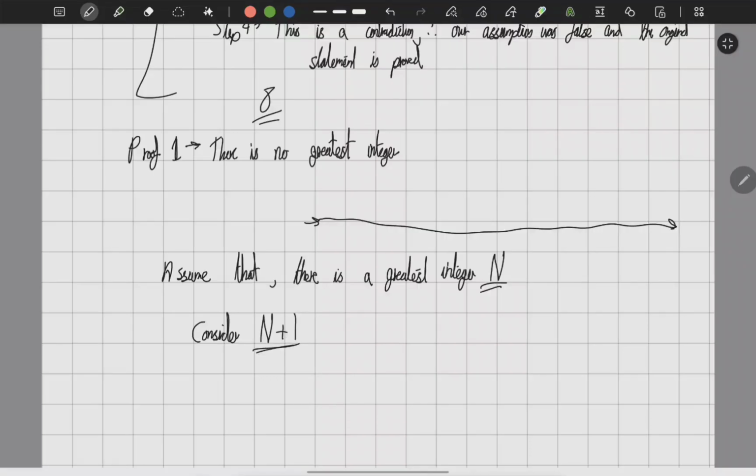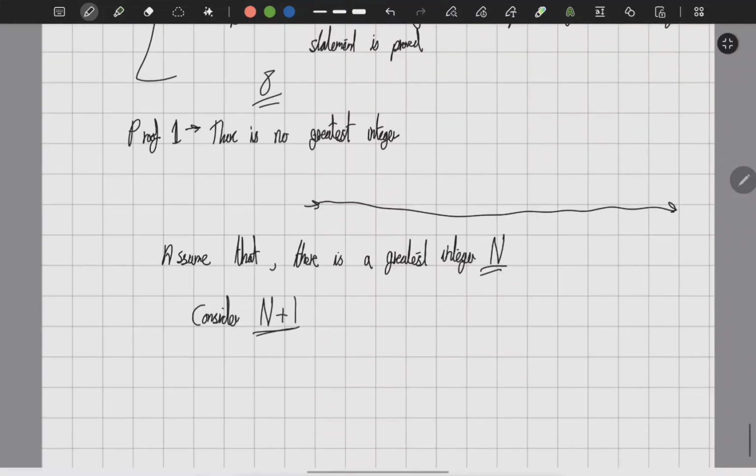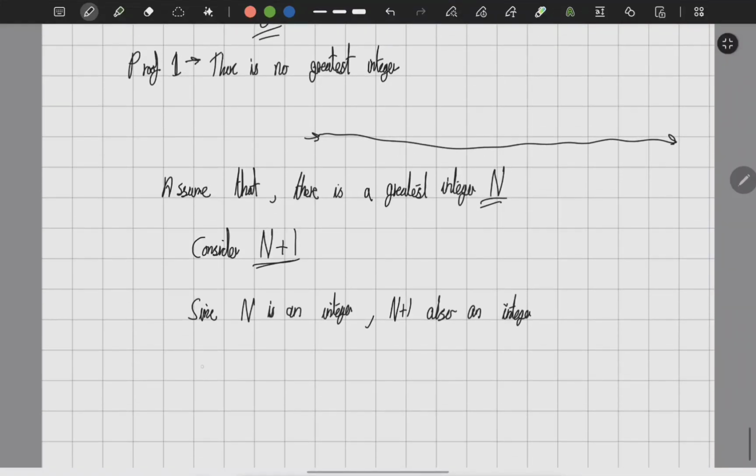So if we consider n plus 1, and we said that n is our greatest integer, we can say, since n is an integer, that means that n plus 1 is also an integer, because if you add 2 integers together, you'll obviously get an integer. Furthermore, the main part of this is that n plus 1 is greater than n.